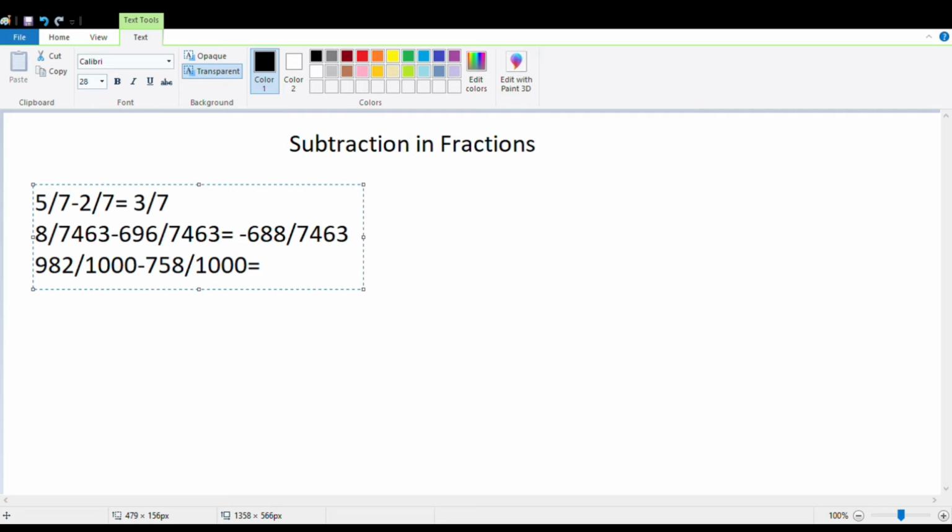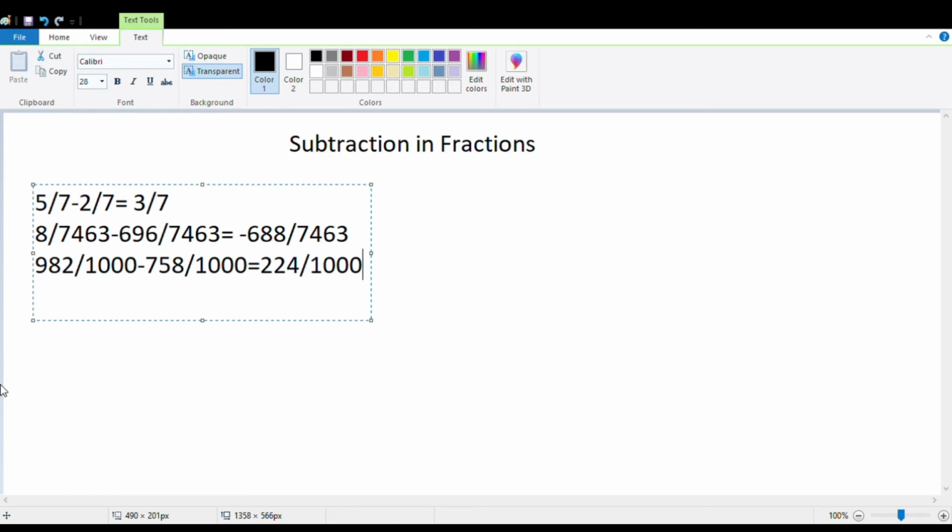Now what does this equal to? 982 subtracted by 758 will equal 224 by 1,000.